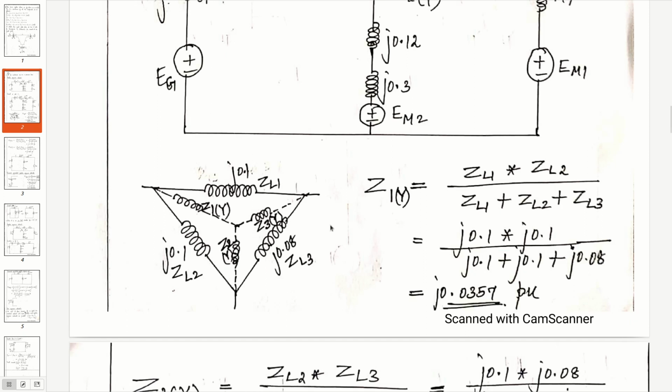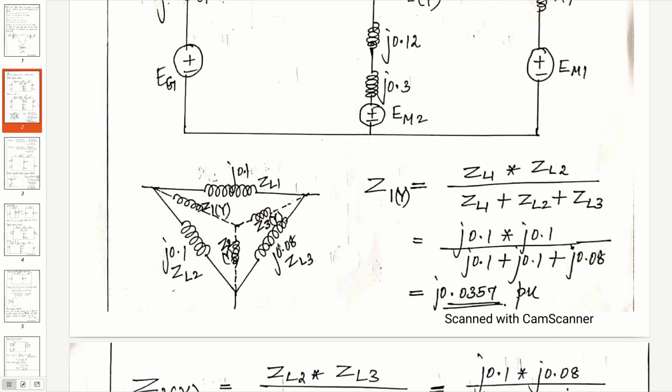In the same way, Z2 star is the product of these two adjacent impedances divided by the summation of all three impedances in the delta. Z3 star is the product of the two adjacent reactances ZL1 and ZL3 divided by the summation of the three line reactances of the delta.